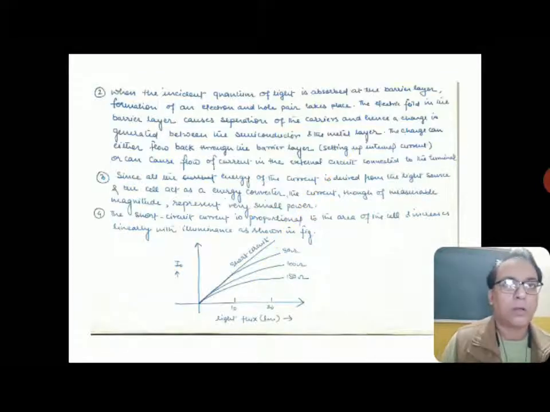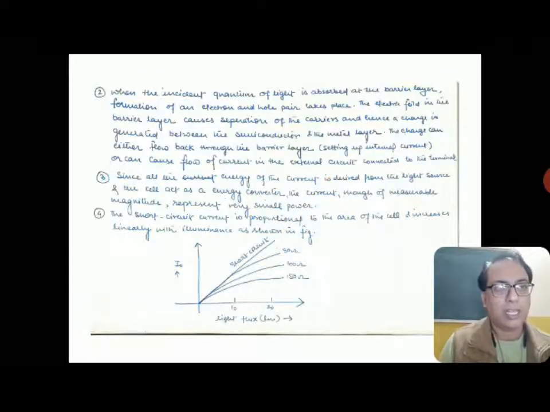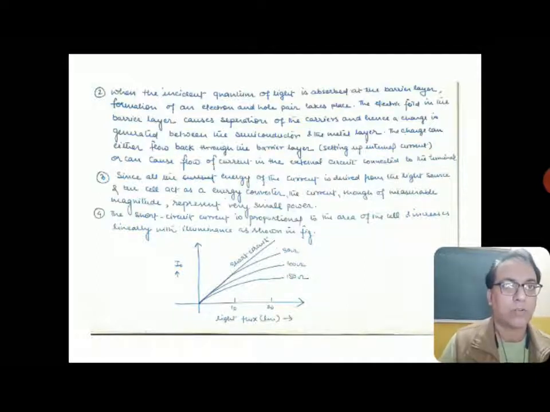Now, let us see the working principle of this photovoltaic cell in detail. When the incident quantum of light is absorbed by the barrier layer, formation of an electron and hole pair takes place. The electric field in the barrier layer causes the separation of the carriers, and hence a charge is generated between the semiconductor and the metal layer.